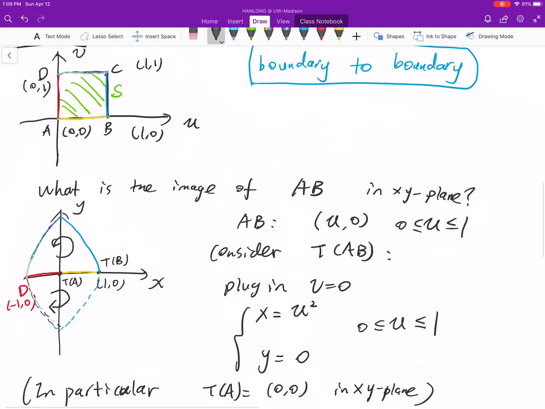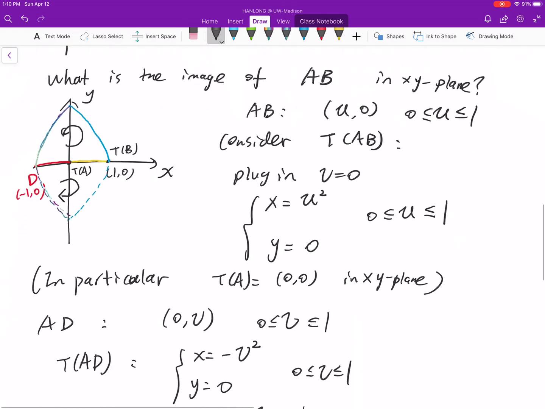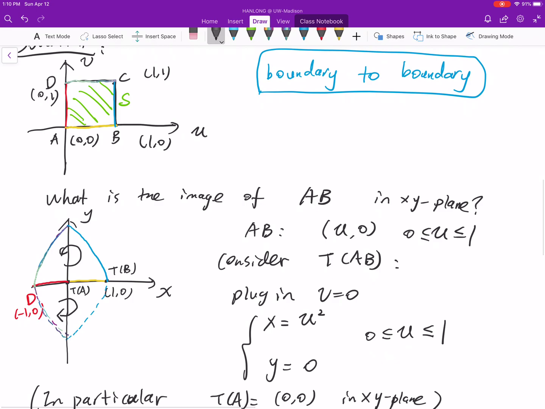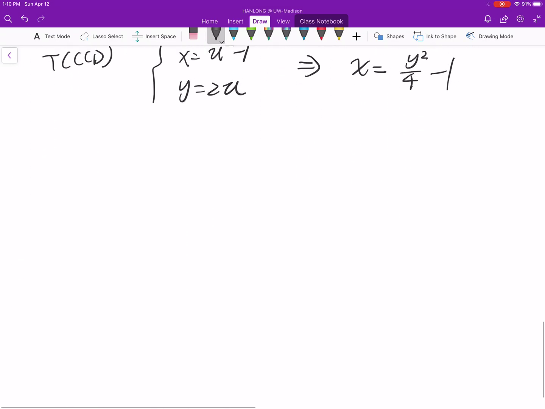You need to check one inside point. For example, let's take a point here, E. So E is (1/2, 1/2). Okay, then check TE. So what is TE?